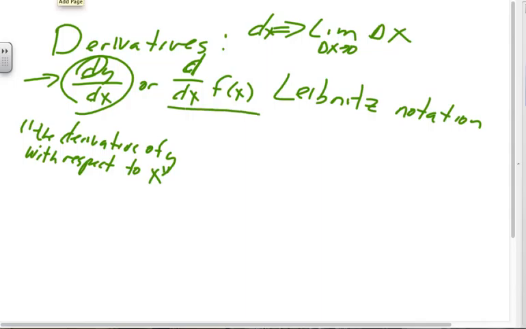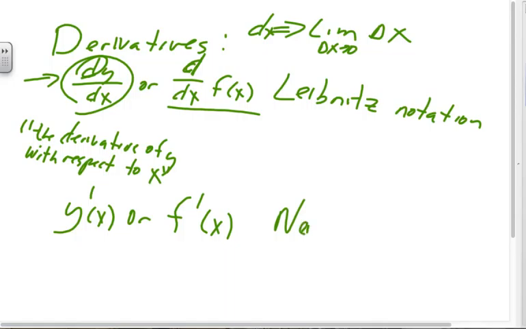Now there's other ways to write this too. You're going to see people do y prime or f prime of x. This is Newtonian notation, from Sir Isaac. It's very commonly used.